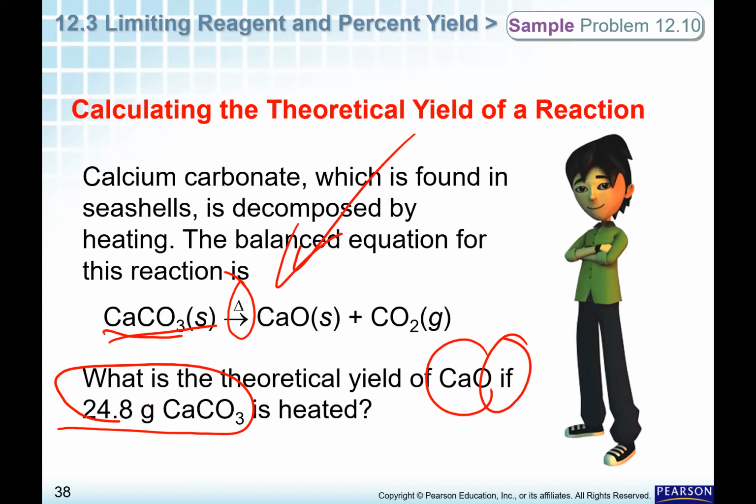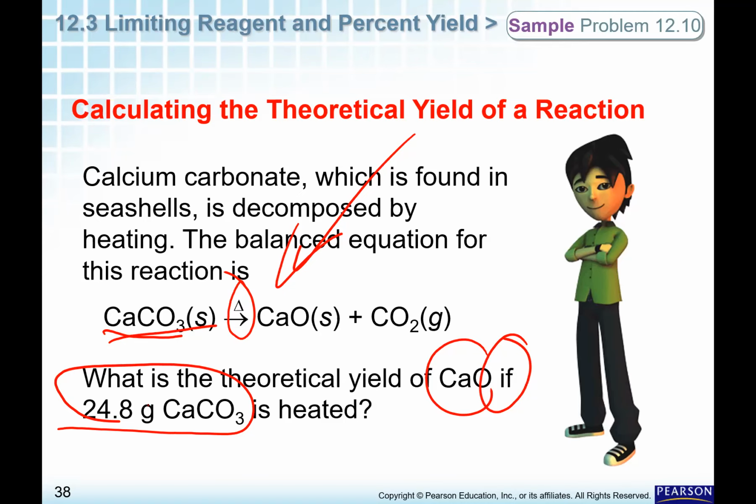From the mass to the moles. That will be 100 grams, that's the molar mass per 1 mole. Very good, Eileen. So we convert the grams into moles. Then the number of moles of calcium carbonate happens here to be the same as the number of moles of calcium oxide.